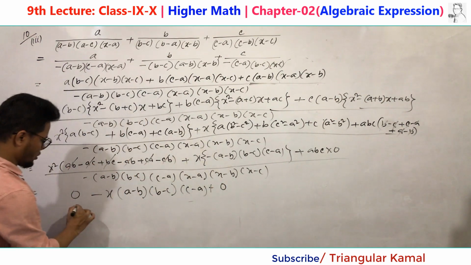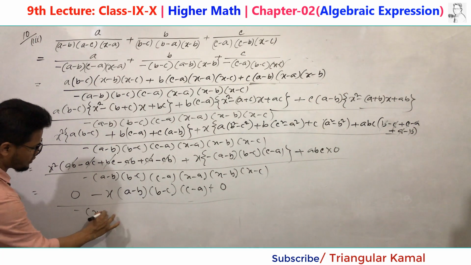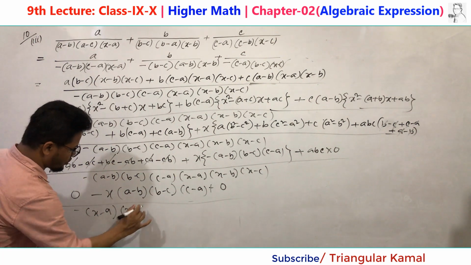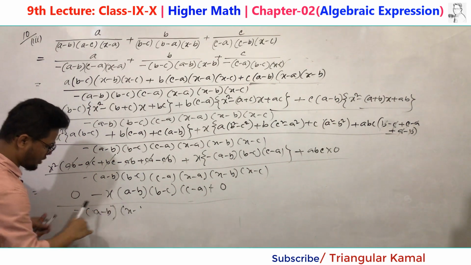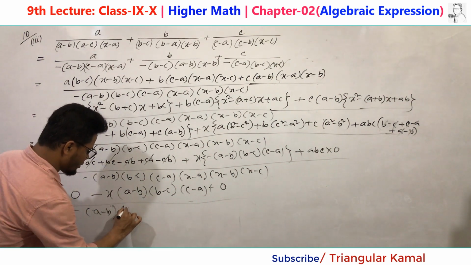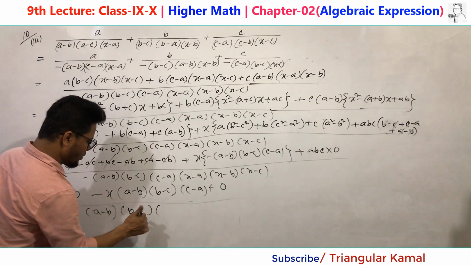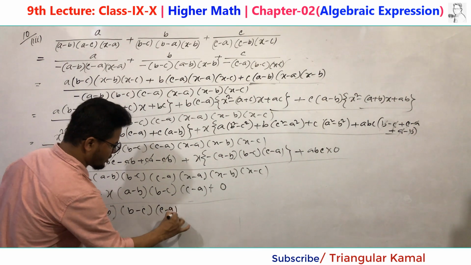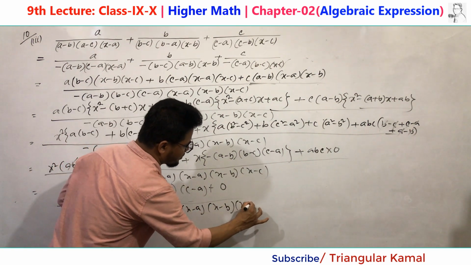And the remaining denominator part is minus a minus b, b minus c, and c minus a, x minus a, x minus b, and x minus c.